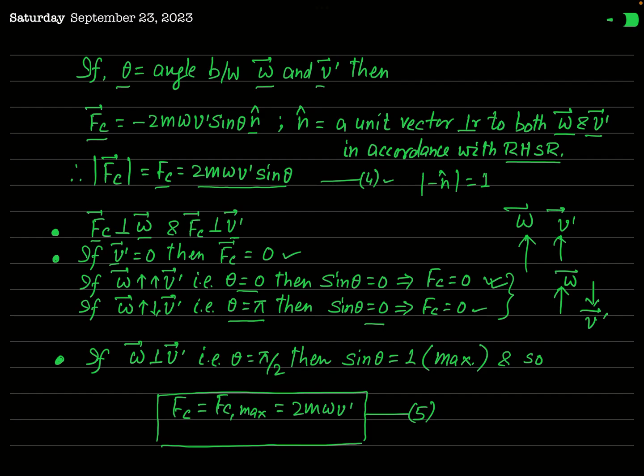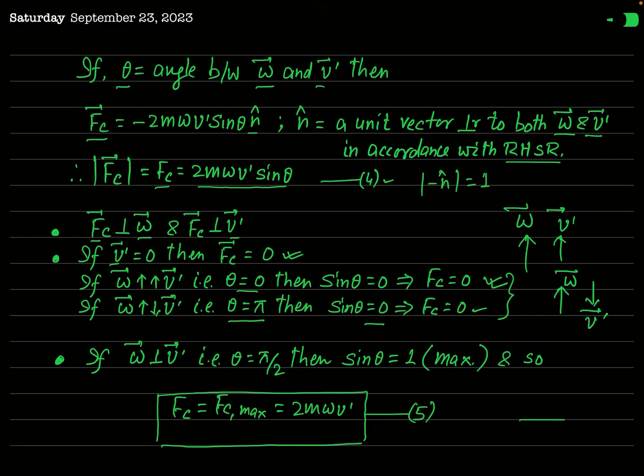So these are three situations when no Coriolis force will act on our particle. The first one was that the particle is at rest in the rotatory frame. The second and third conditions can be stated as: if omega and v prime are collinear, then no Coriolis force will act on the particle.